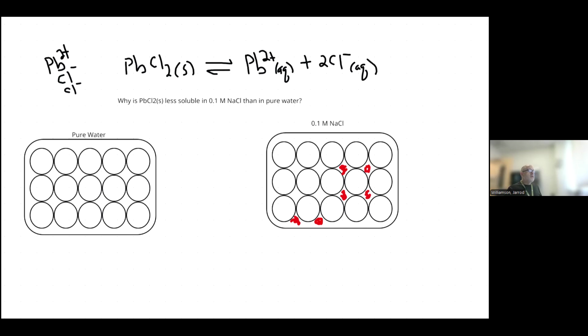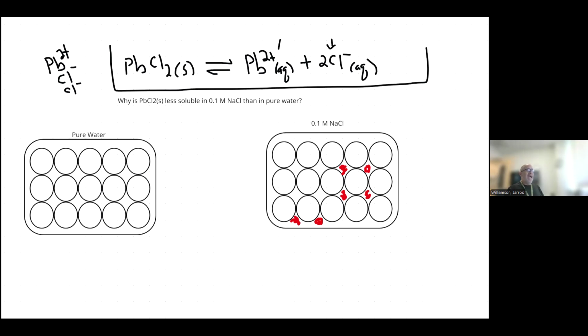Now, if you have a solution that has a common ion in here, meaning you have a solution that has either lead(II) or chloride, an ion in common, then according to Le Chatelier's principle, that's like adding either some chloride ion or some lead ion.